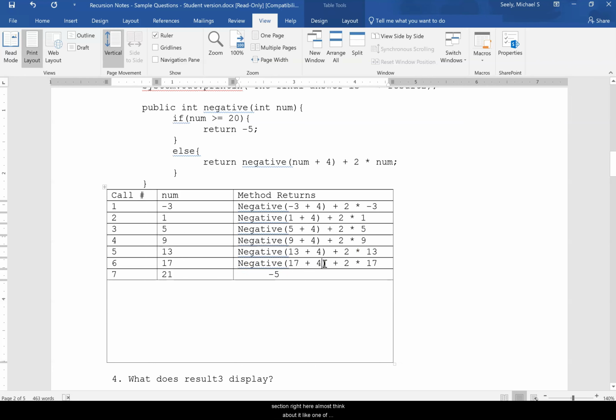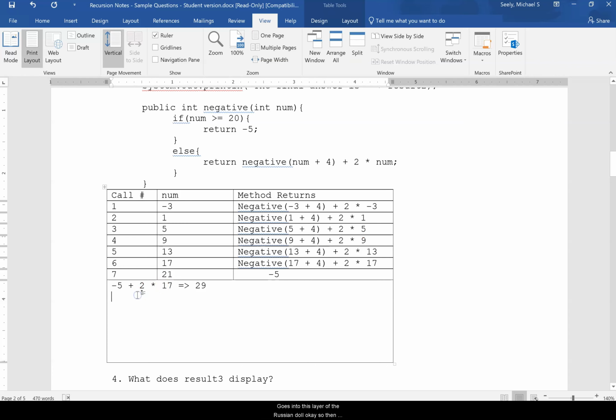Almost think about it like one of those Russian dolls with multiple layers. This goes in this Russian doll's layer right here. So you would have -5 plus 2 times 17, and that's equal to 29. Okay? Then this whole thing, which is 29, goes into this layer of the Russian doll.